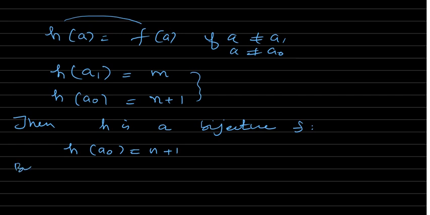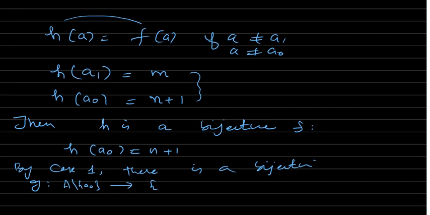So by case 1 there is a bijection g from A minus a0 to the set of first n natural numbers. So this is the proof of this theorem.